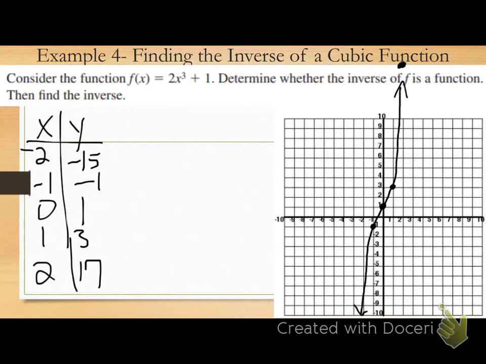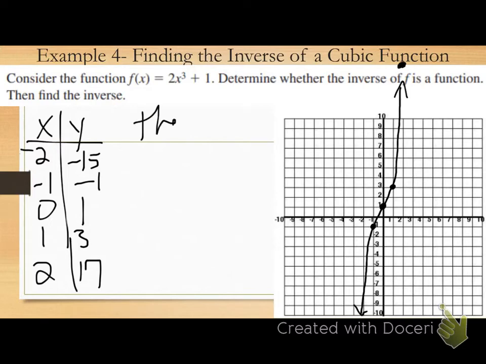How does that help me tell if the inverse of f is a function? Horizontal line test. If I take my horizontal line and drag it down my graph, it's only going to hit 1 point on my graph at a time. It's never going to hit 2 points at a time, is it? So is it a function or not a function? Function.